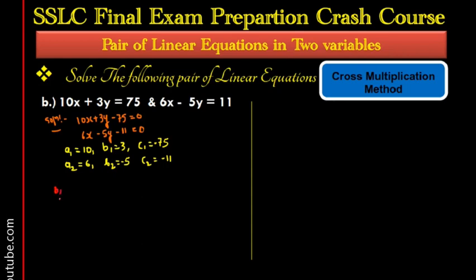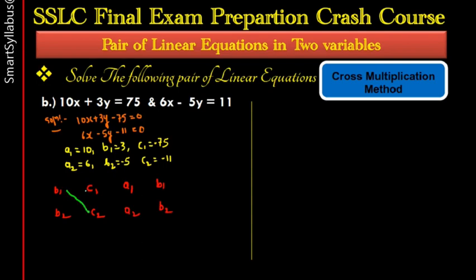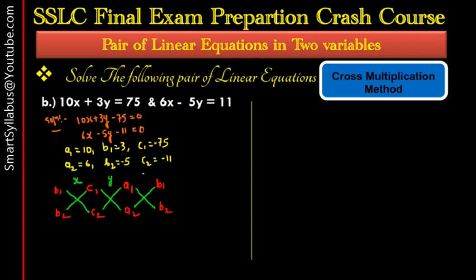Now write b1 here, b2 here, c1, c2 here, a1, a2 and once again b1 and b2. Now draw cross multiplication lines between these variables. Okay, for the first one we write x, for the second one y, and for the third one we write 1. Now make out the formula out of all this.